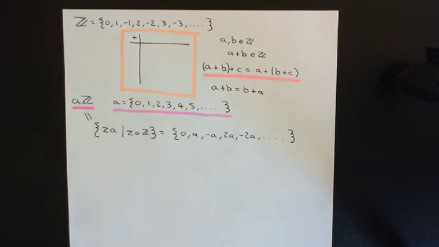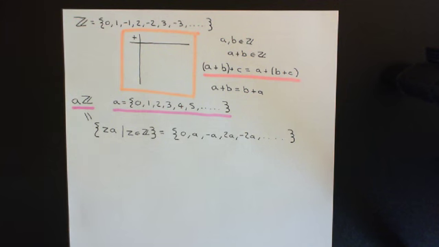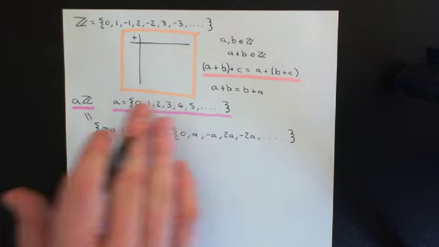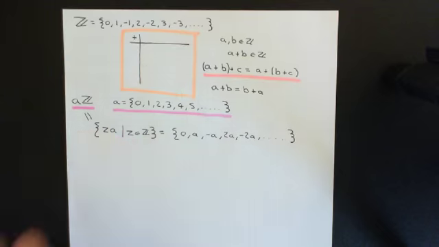That's what I mean by AZ, basically: all integer multiples of this number A. Okay, right. So my claim is that these subsets here of the set of integers are actually subgroups.